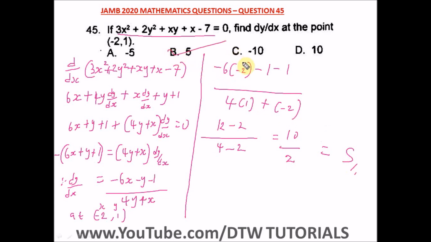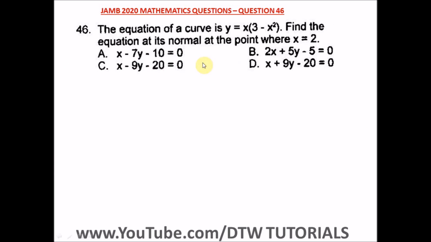So this is our answer for question number 45. Number 46 of the JAMB 2020 past questions says that the equation of a curve is y = x(3 - x²). Then find the equation of its normal at the point where x is equal to 2.